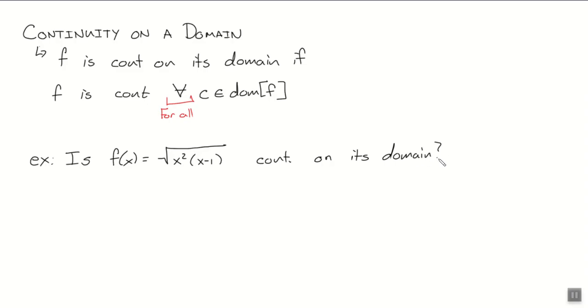Now, this question feels different than the previous example, but notice it's the same question with one little step added. On the previous question I asked, was it continuous from -2 to 2, which just happened to be exactly the domain of that function that we found. We're doing the same thing, except I'm not giving you the domain.